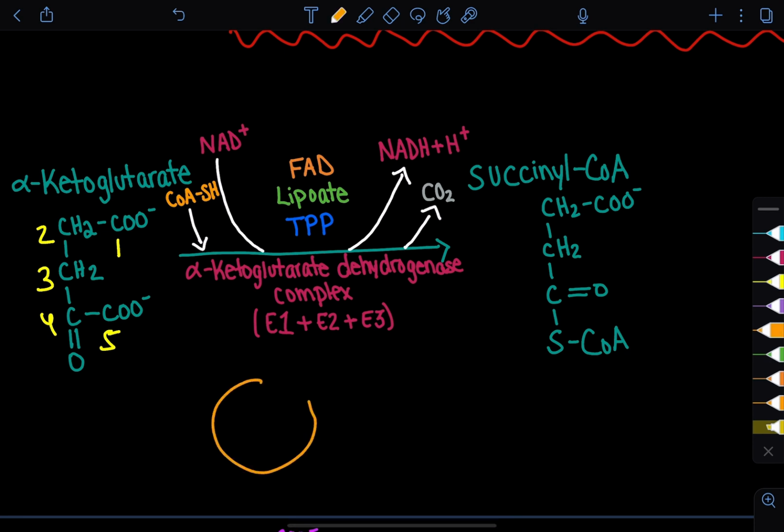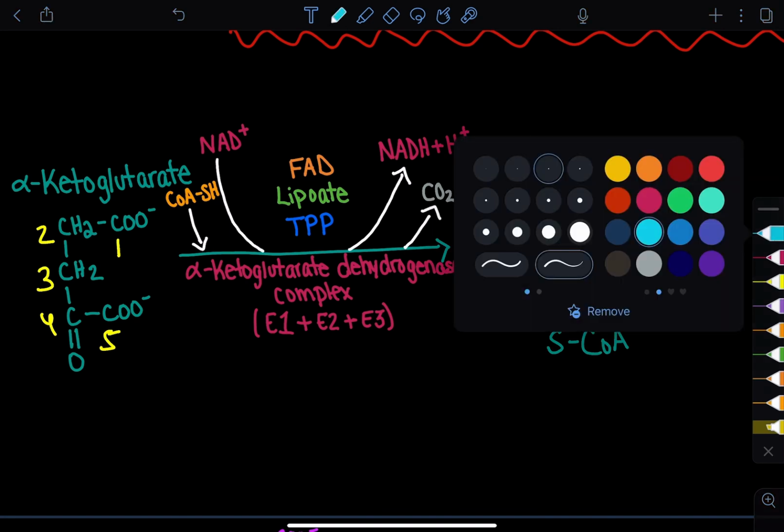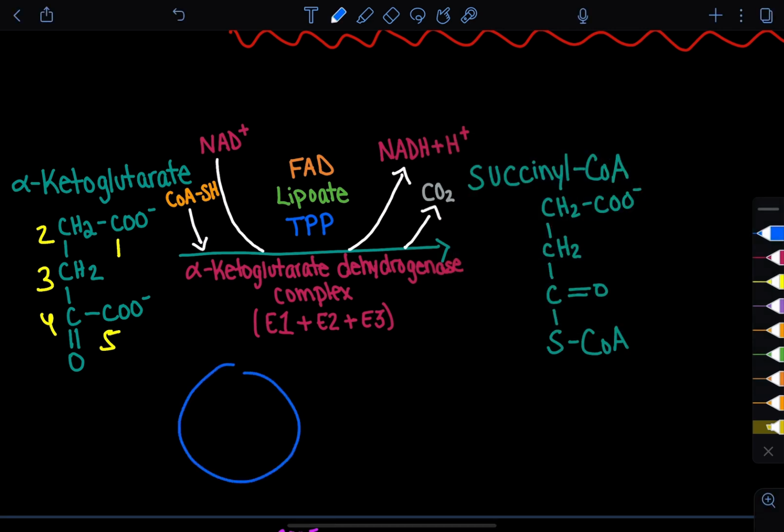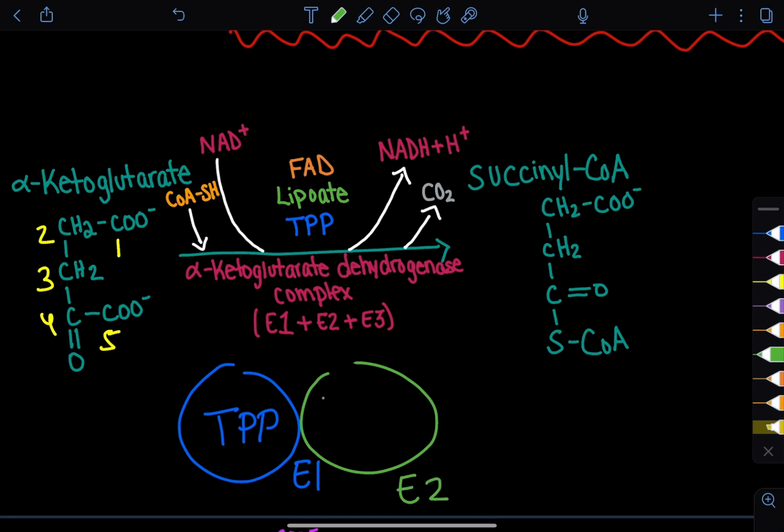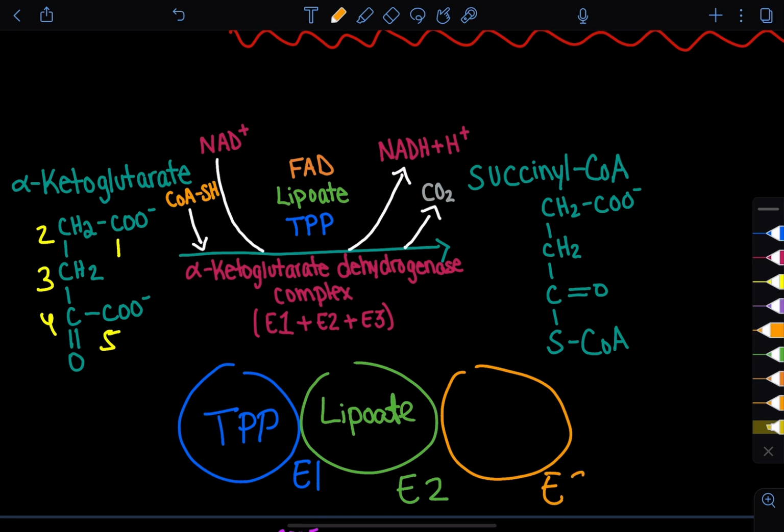We can call this subunit 1, E1, and in it we are going to find TPP. In subunit 2, E2, we'll find lipoate. In subunit 3, we are going to find FAD.